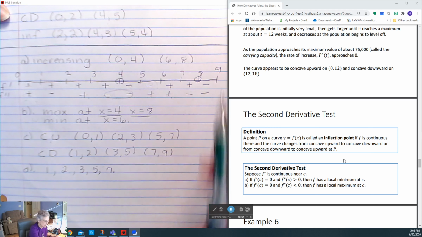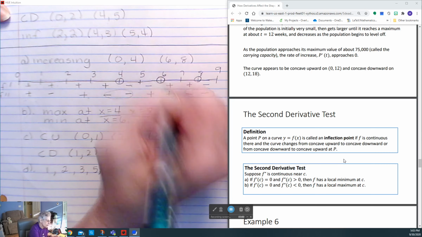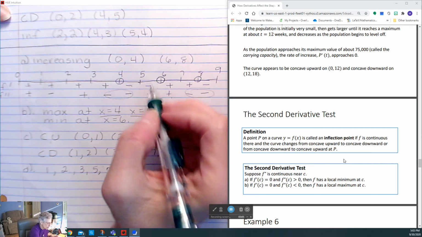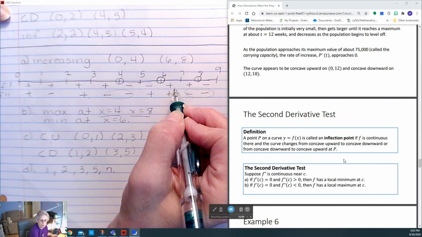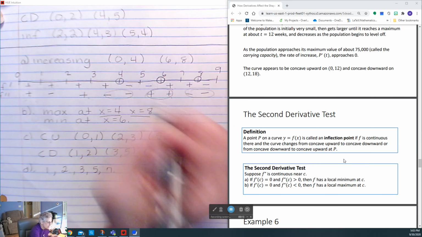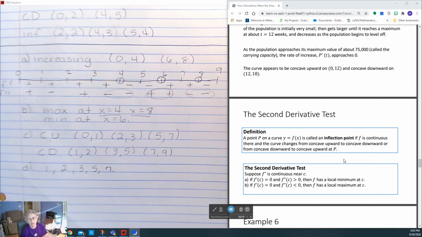Second derivative is negative. First derivative was equal to 0 at 6. We changed from decreasing to increasing. So we're thinking we had a min, and the second derivative was positive because we were concave up like a cup.